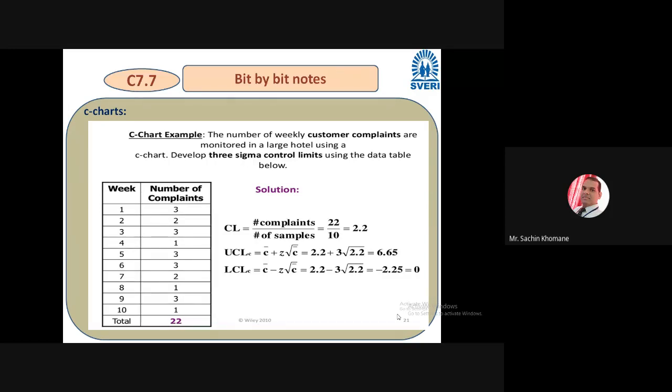Any guess? Definitely control charts are made for that only.